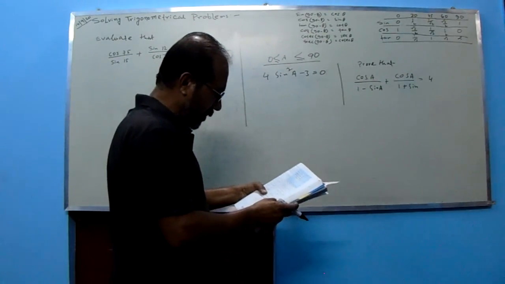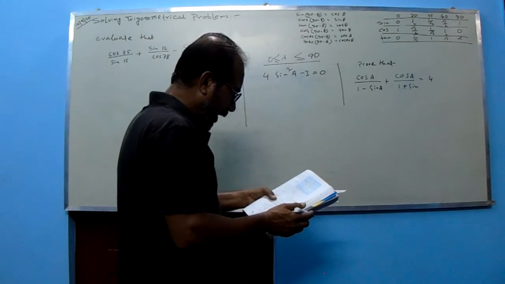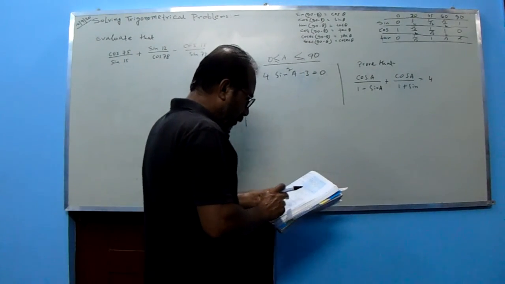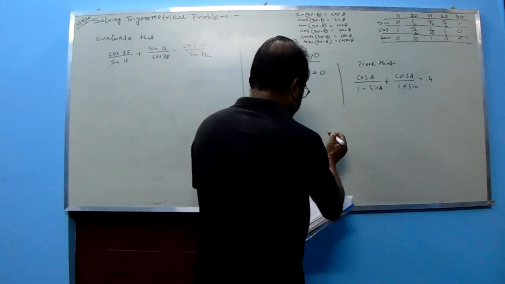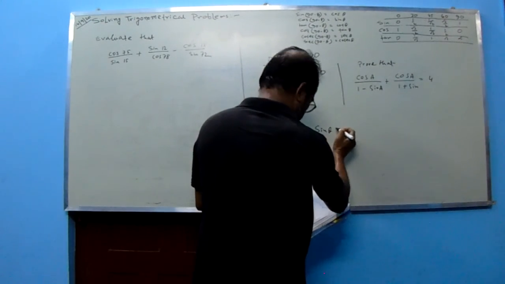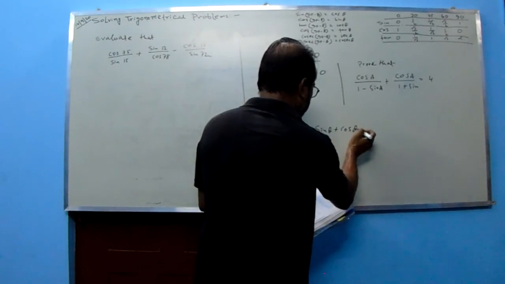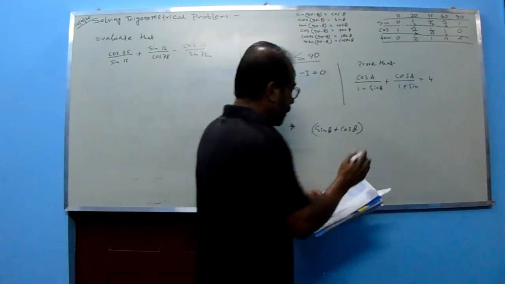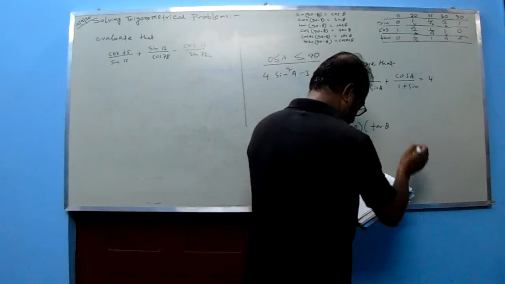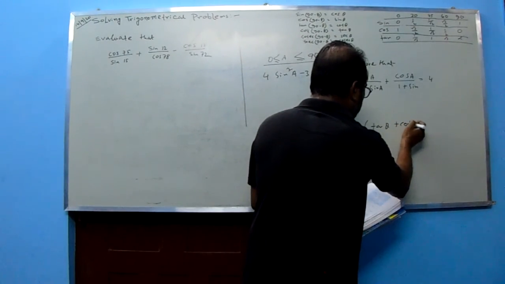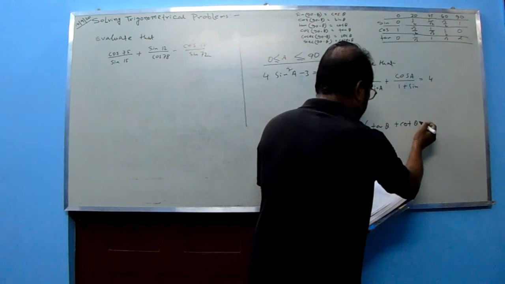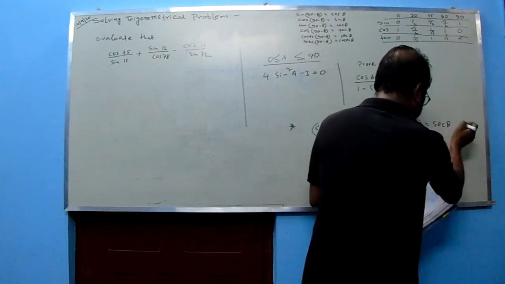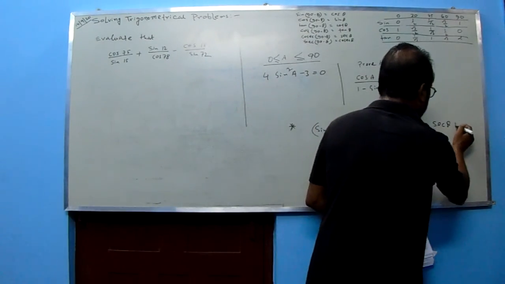And the next math also I will write. That is an identity they have given: prove the identity that sin theta plus cos theta, this is another math under star marking I have given, into tan theta plus cot theta, equal to sec theta plus cosec theta.